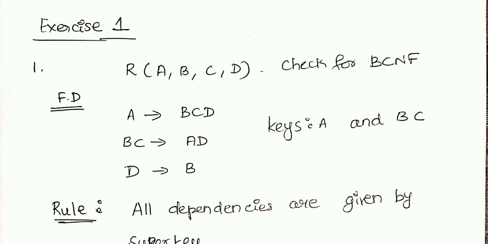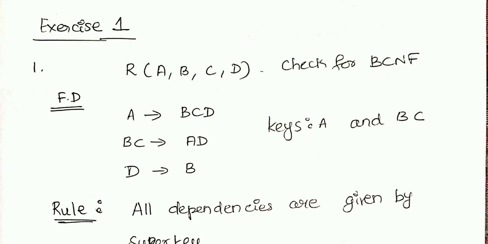Take all dependencies; they have to be based on a super key. So for every dependency X determines Y in general, X is a super key. For A determines B, C, D, check whether A is a super key. As A is a key in your schema, yes.